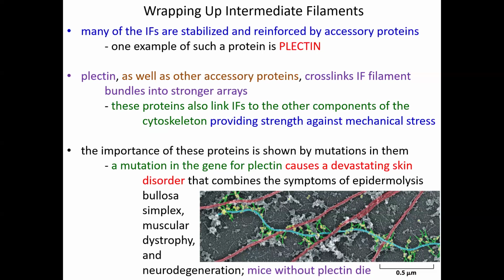This mutation in plectin causes very similar symptoms to epidermolysis bullosa simplex. We've got easy breakage of the skin, easy bruising with mechanical stress, but it also has symptoms of muscular dystrophy and, because neurofilaments are involved, neurodegeneration. In fact, mice without the gene for the plectin protein die. So that emphasizes just how important these accessory proteins are.